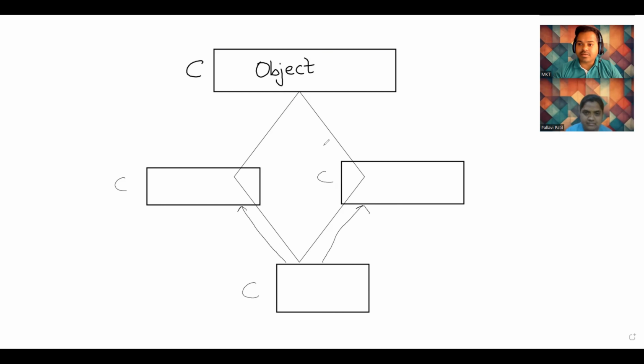That's the object class, which is the root class of all the classes that we have in Java. Every class that you have in Java is inheriting the object class. So now this is making the diamond problem.